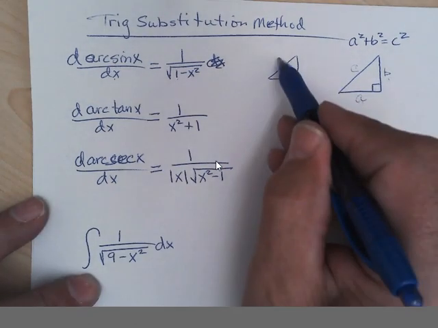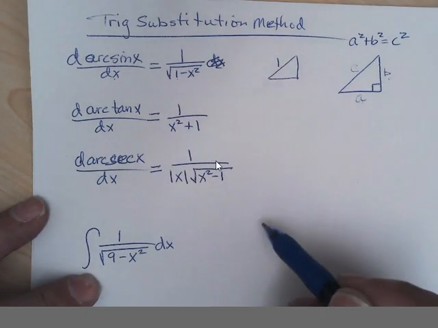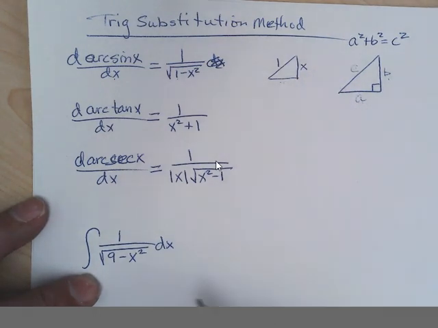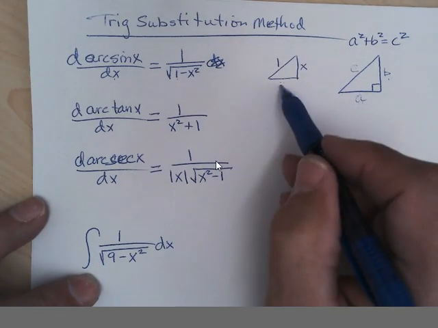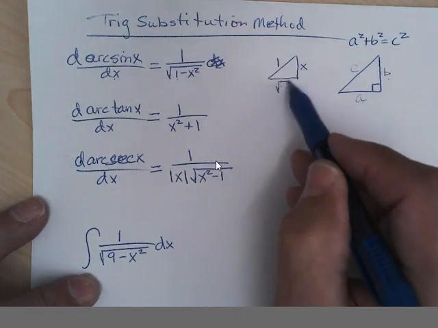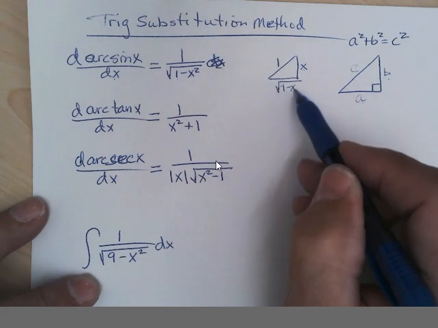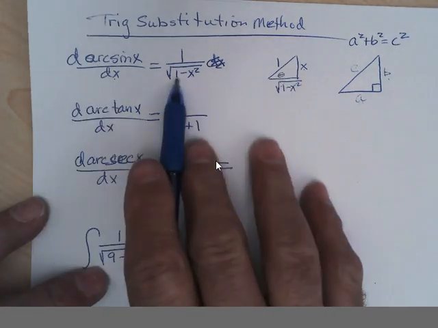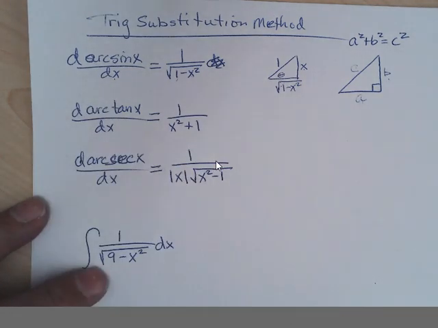Well, the hypotenuse would have to be 1, and I could put x on either side, and I choose to put it there. Then this side would be the square root of 1 squared minus x squared.